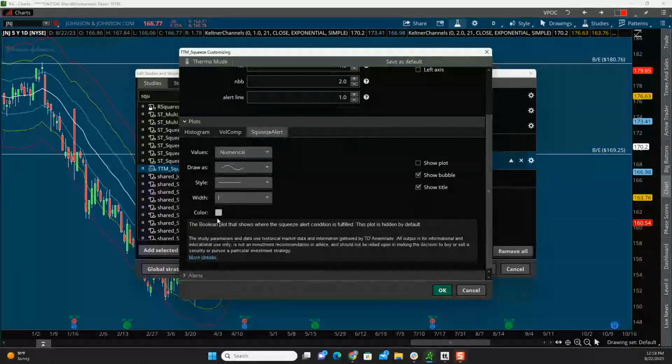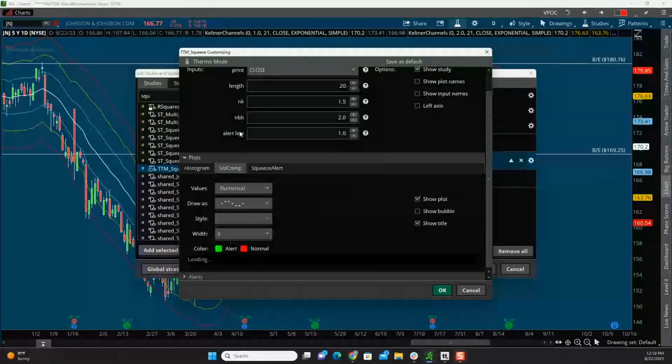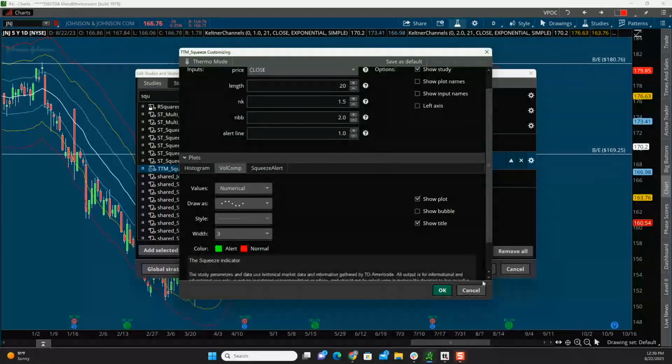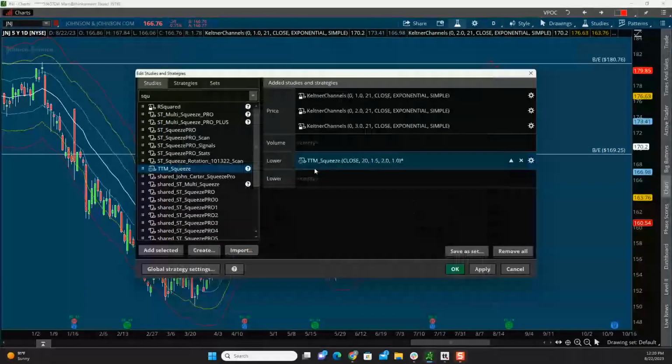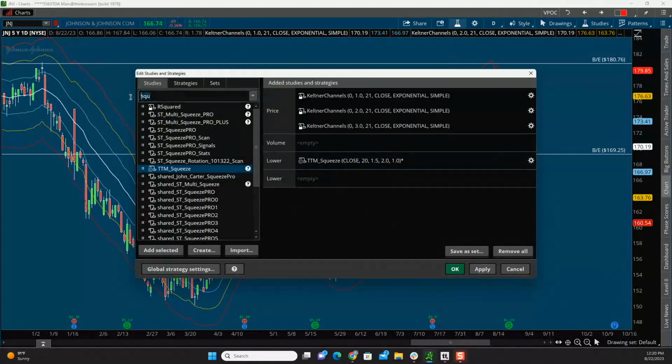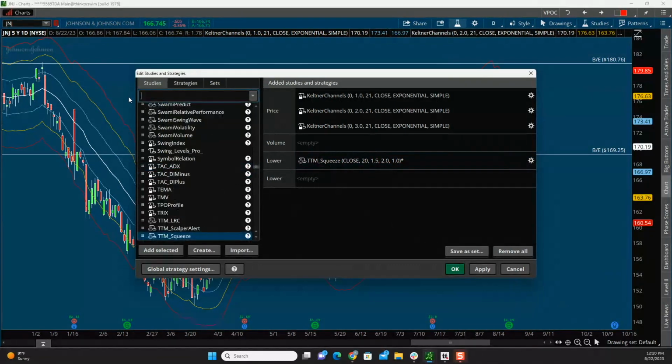I do this on my high compression squeeze, sorry. I will change it to black on my Squeeze Pro. But if it's just the medium compression squeeze, which is the regular TTM squeeze, then I will leave that as it is.